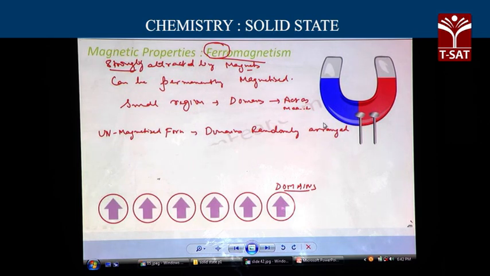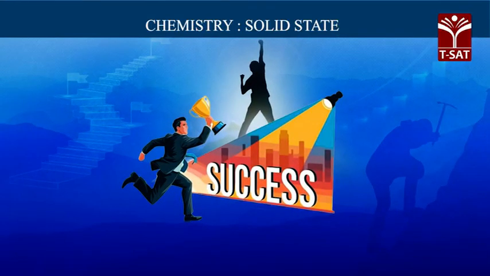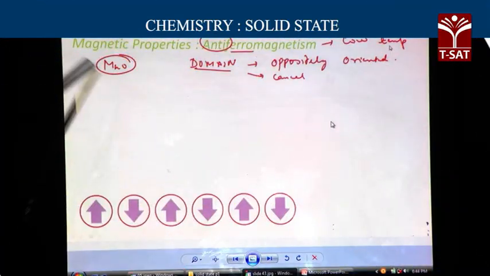Even when the magnetic field is removed, they retain the magnetic behavior. Ferromagnetism is because of the alignment of domains of magnetic moments in the same direction. MnO is the example for an antiferromagnetic substance.